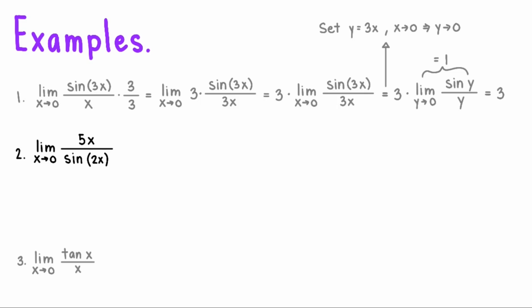In here, we are given the limit as x approaches 0 of 5x over sine of 2x. Now this time, it is not quite similar to our special trigonometric limit since the sine function is in the denominator.